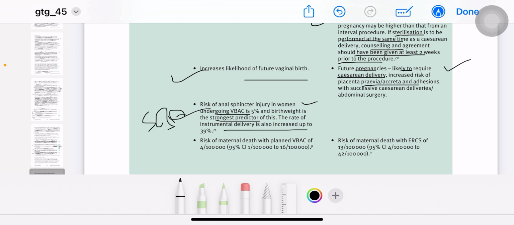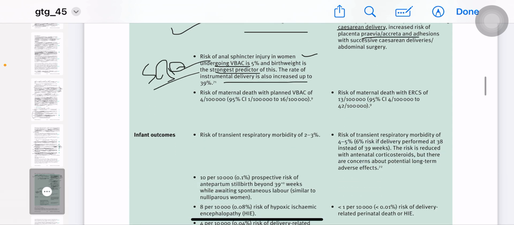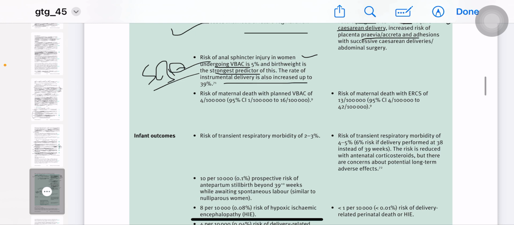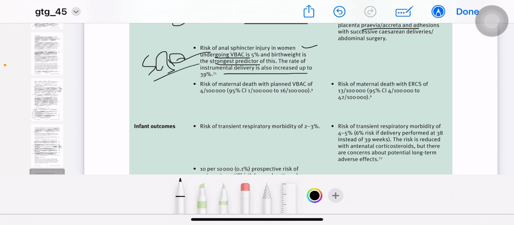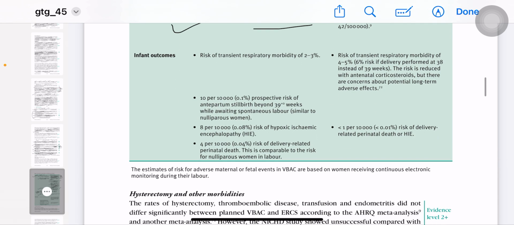One of the SBAs: sphincter injury in women undergoing VBAC is 5%. So uterine rupture risk and the risk of anal sphincter injury are both 5%. Risk of maternal death with planned VBAC is 4 per 100,000, and maternal death with cesarean section is 13 per 100,000.